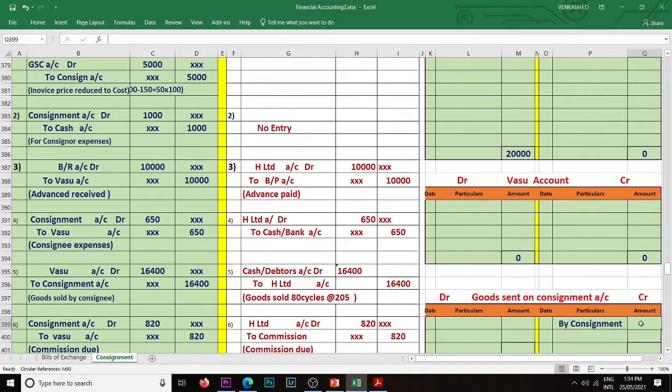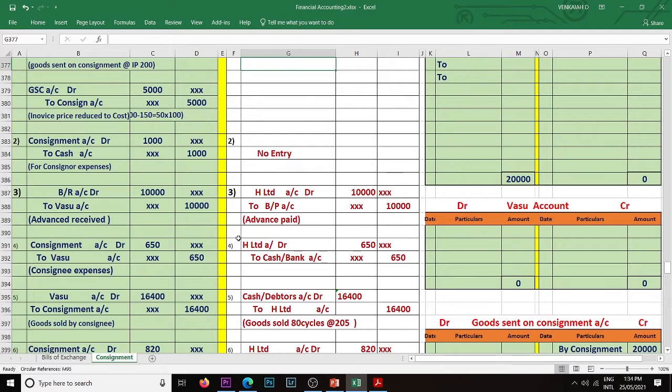Amount is 20,000. Now the special entry we passed is a reverse journal entry for reducing the goods on consignment from invoice price to cost price. That entry is GSC, goods on consignment account related to consignment.